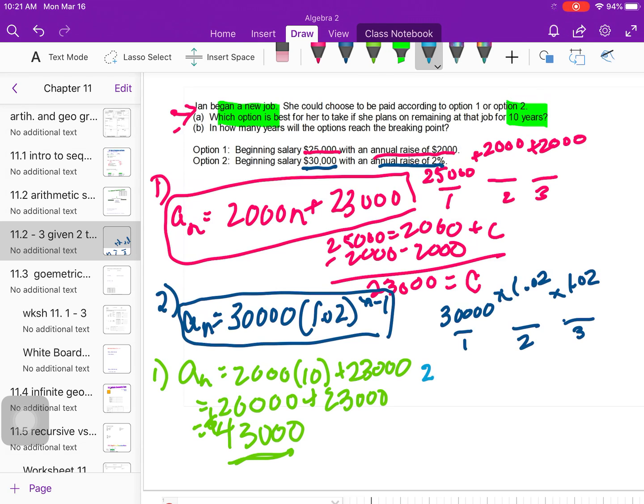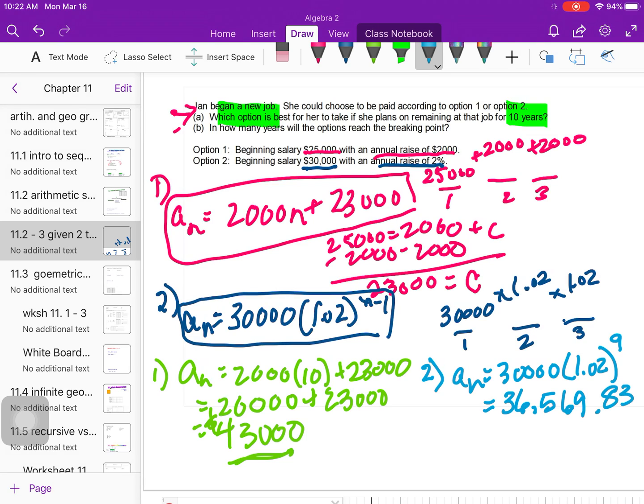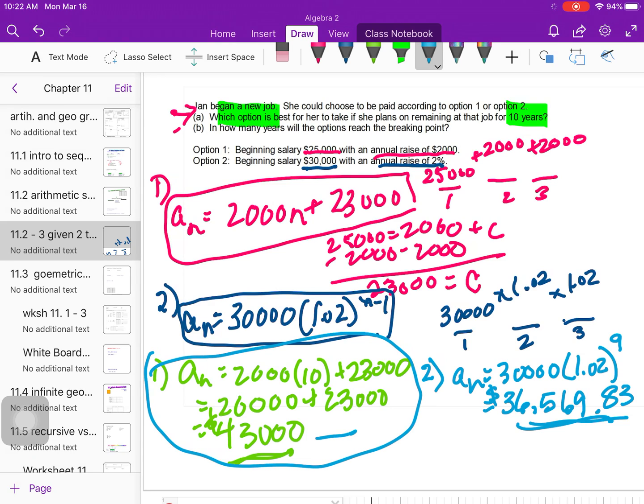Option 2 would be a sub n equals 30,000 times 1.02 to the 10 minus 1, which is 9. And that gives me $36,569.83. So which option is the best? Clearly, it would be option 1, since she makes more money in 10 years.